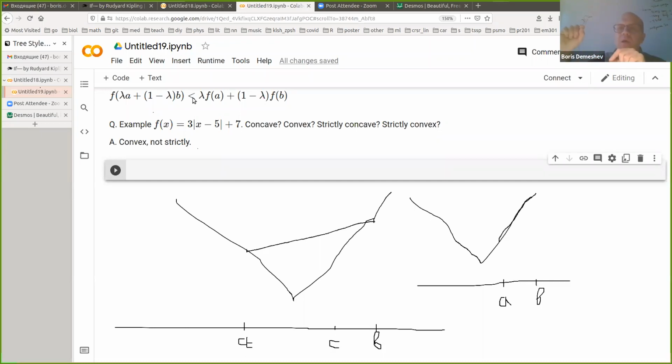My segment will coincide with the function. According to the definition of strict convexity, the segment should be strictly above the function. So for some values of A and B, the segment is strictly above the function, but for other choices of A and B, the segment just coincides with the function and I have the equality sign, okay? Yeah, perfect. Thank you.